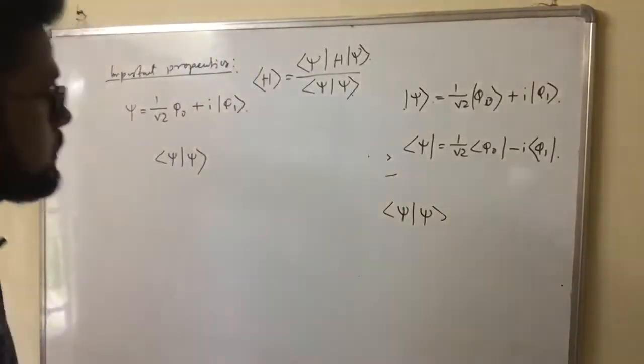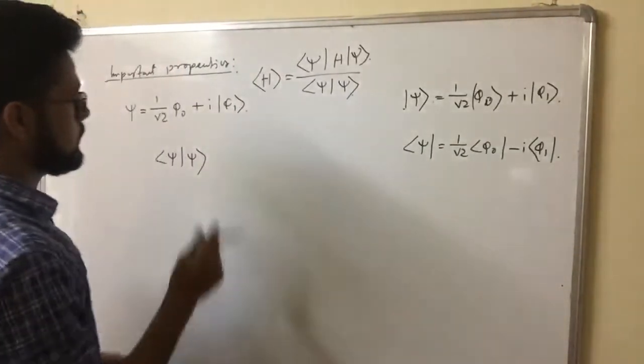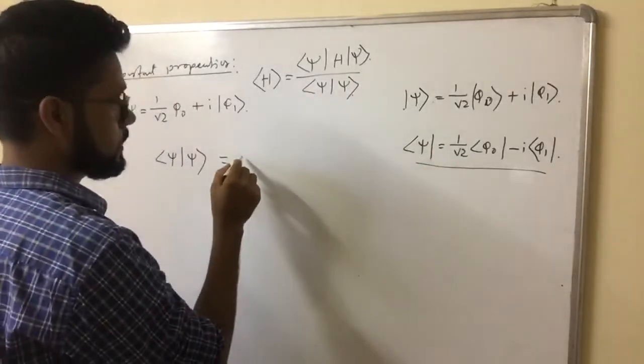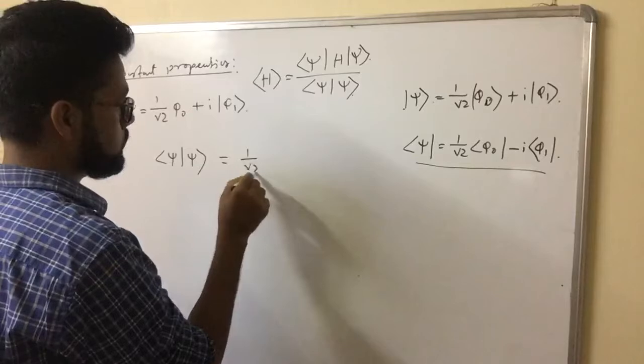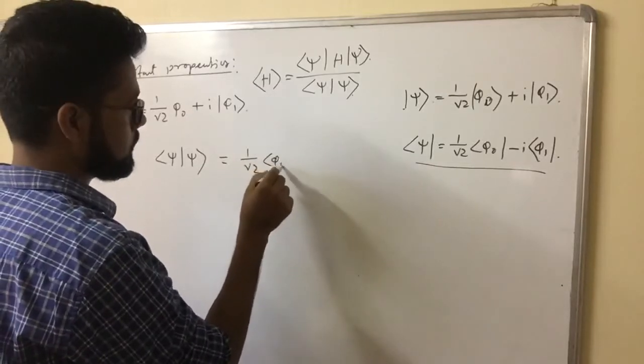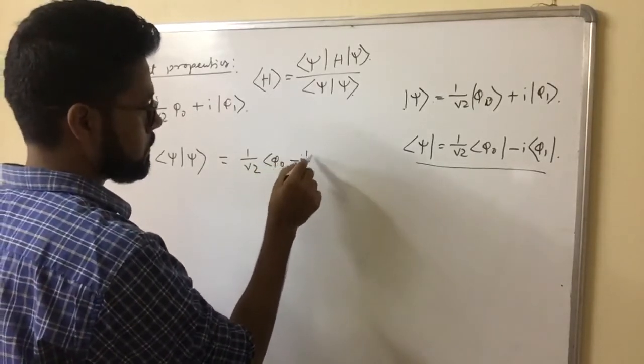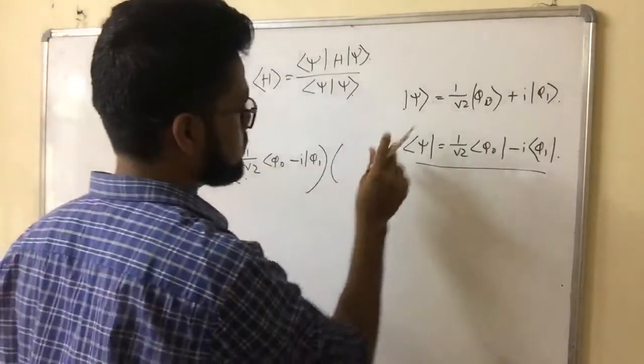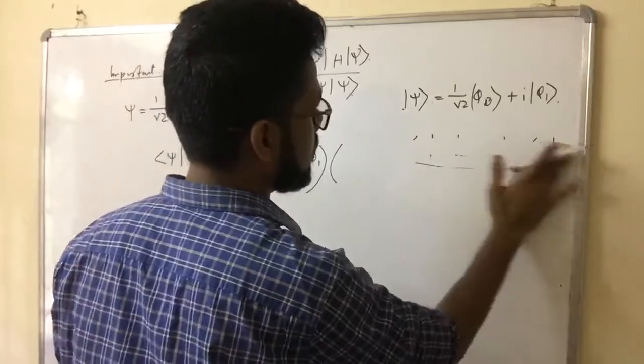Then what is the value of this one? This part I have to read first: 1 by root 2 (phi naught minus i phi 1). Clear? Close. Then this part I have to remove.